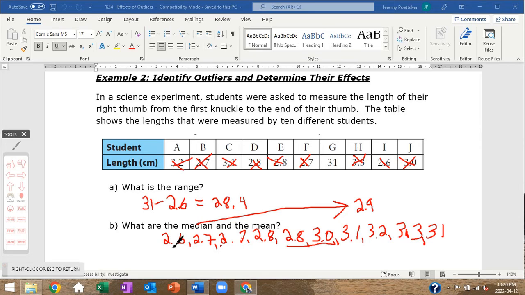And then my mean, again, I add them all up and divide by, in this case, 10, however many there are.